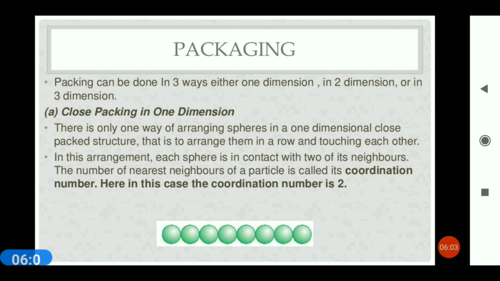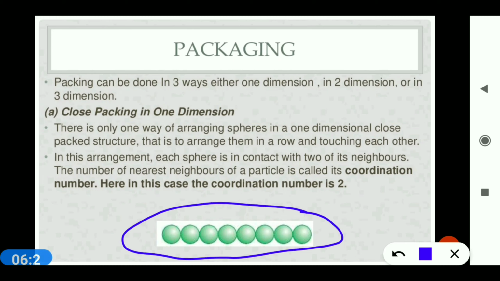Now we'll discuss packing. Packing can be done in 3 ways: either 1 dimension, 2 dimension or 3 dimension. When we talk about 1 dimension packing, you can arrange the constituent particles in this way only. So if I take any particle, for example, the third particle, how many more particles are touching this blue particle?